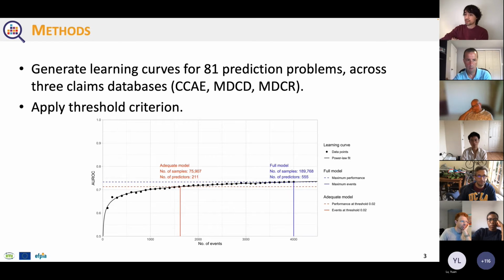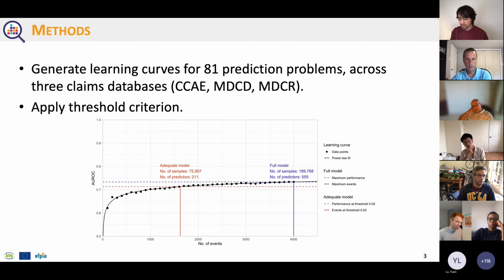And to study that, we decided to generate learning curves for 81 previously defined prediction problems. We also did this across 3 US claims databases, and those include CCAE, MDCD, and MDCR.